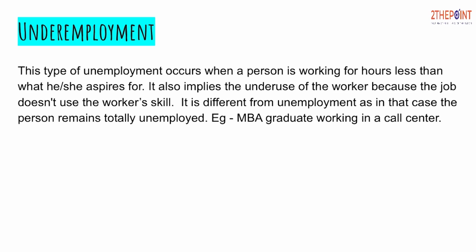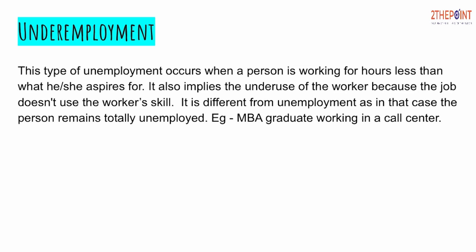Another example, you are an MBA graduate but you're working in a call center, or you are working as just a cashier in some McDonald's or KFC, whereas your skill set is that you have a master's in business administration. So whenever this lag arises, this is underemployment. You have a job, that means you are not unemployed, but you are underemployed because you are trained for one thing and you're doing something other.